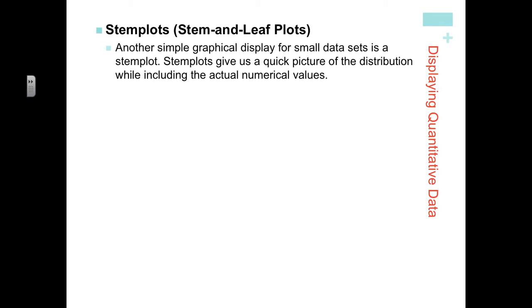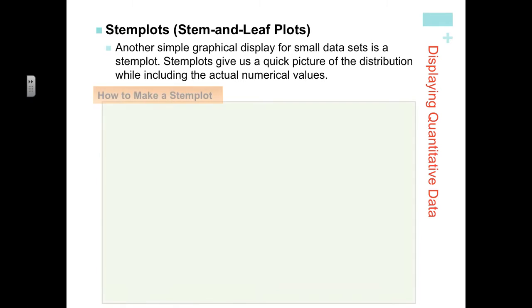I seldom see questions that ask you to come up with a stem plot outside of when we do them right now. But you certainly do have to know how to read them. For showing shape, center, and spread, they pretty much do the same thing as dot plots. They just maybe take a little bit longer to create.